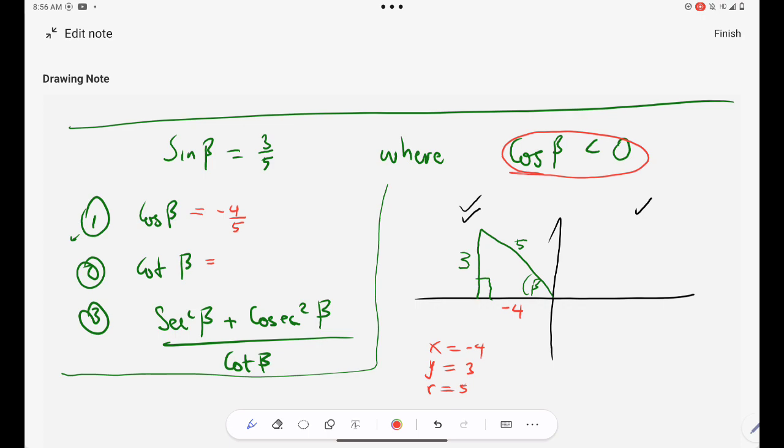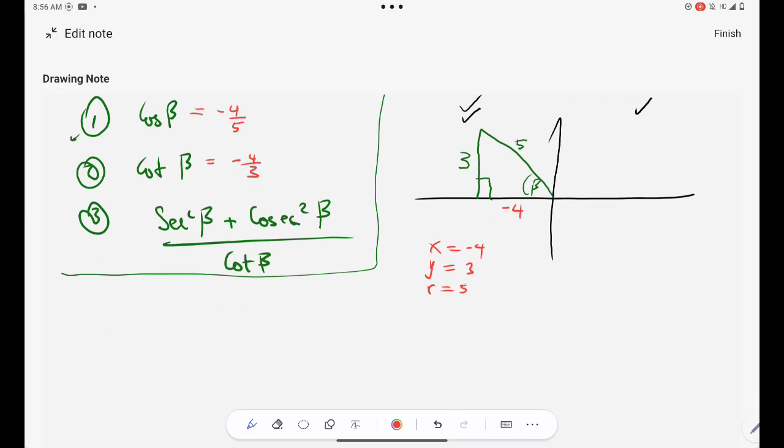Remember that cot is the inverse of tan, right? And tan is y over x. That means cot will be x over y. So this will be negative 4 all over 3. Okay, and now I must deal with number 3. Number 3, I have sec squared beta plus cosec squared beta all over cot, right?